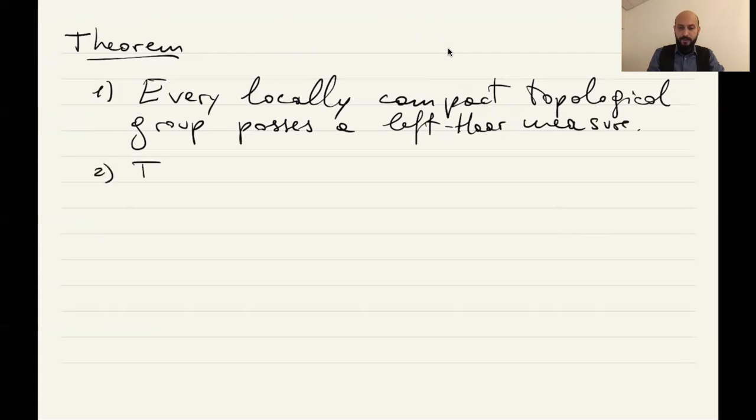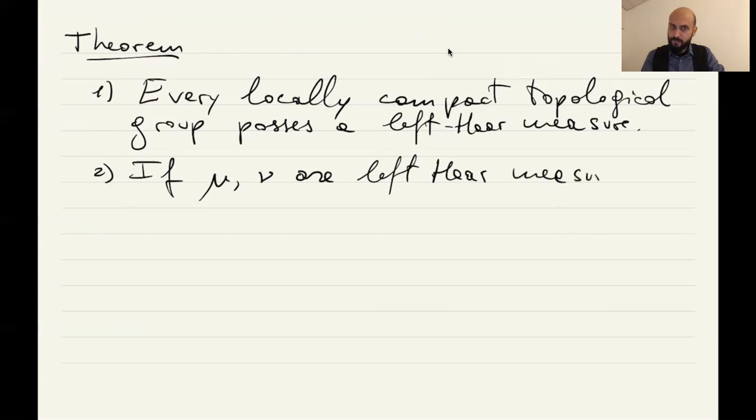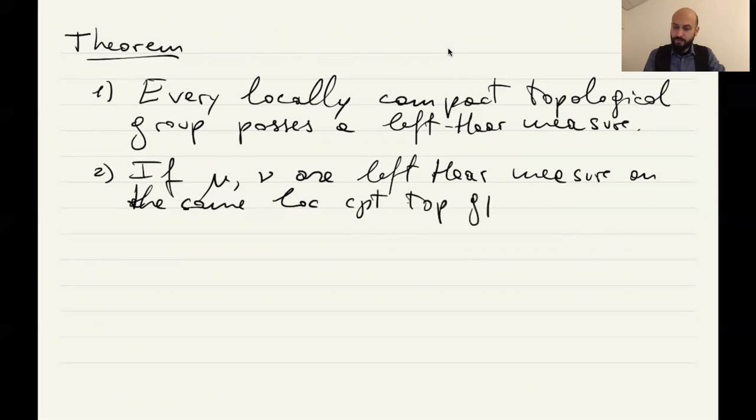And two, if mu and nu are left Haar measures on the same locally compact topological group, then there exists a positive constant such that one of them is a multiple of the other. We are going to prove these two parts one at a time.